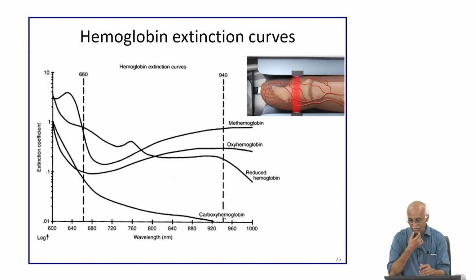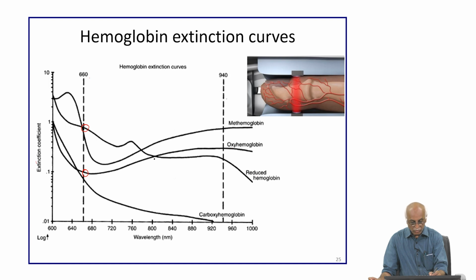these molecular structures is that there is a significant difference at around 660 nanometer wavelength of light in terms of absorption coefficient or extinction coefficient, for oxyhemoglobin here and reduced hemoglobin over here.